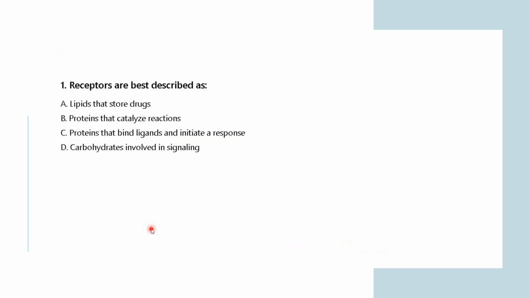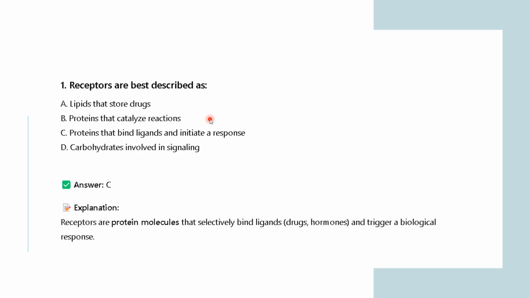So now coming to the next question based on receptors. Receptors are best described as lipids that store drugs, proteins that catalyze reactions, proteins that bind ligands and initiate a response, or carbohydrates involved in signaling. What do you think receptors are? Option C. Yes.